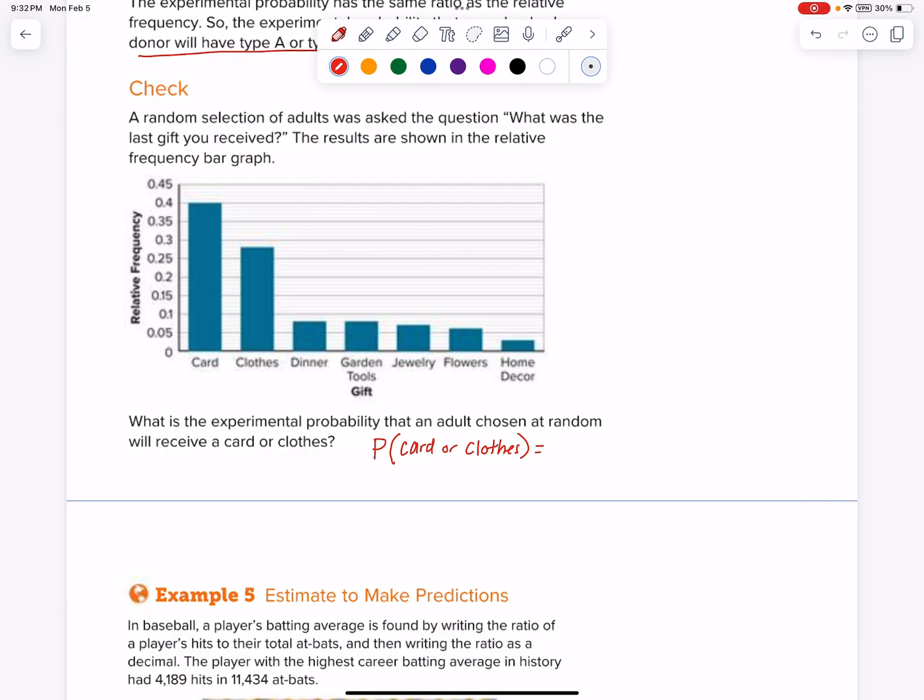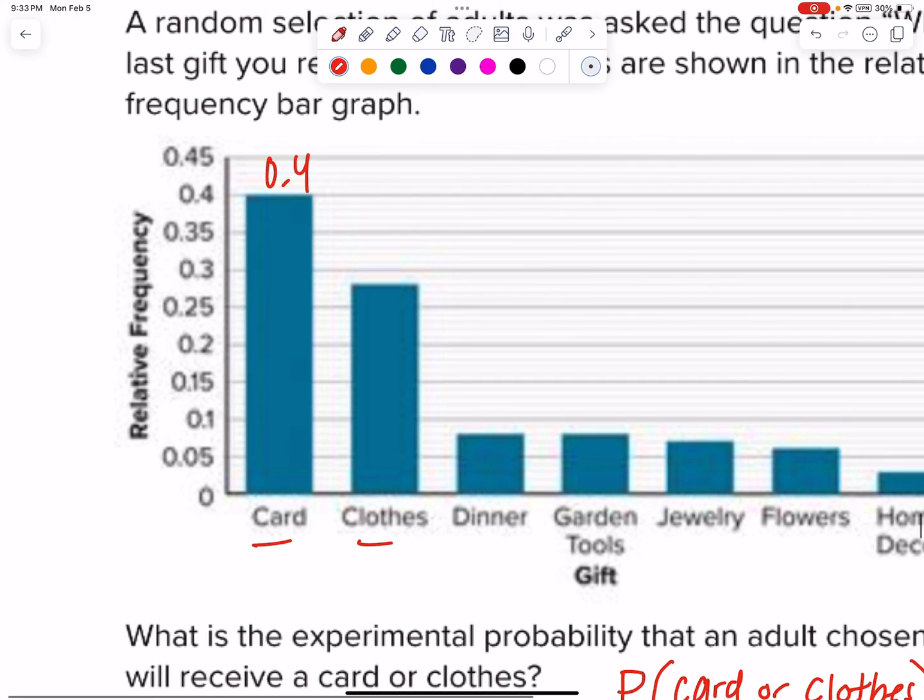So let's see where card and clothes are right here and here. And let's go ahead and add up those for our numerator. So we have 0.4. And let's see clothes here. It's a little hard to see on here. 0.25, 0.26, 0.27, 0.28.